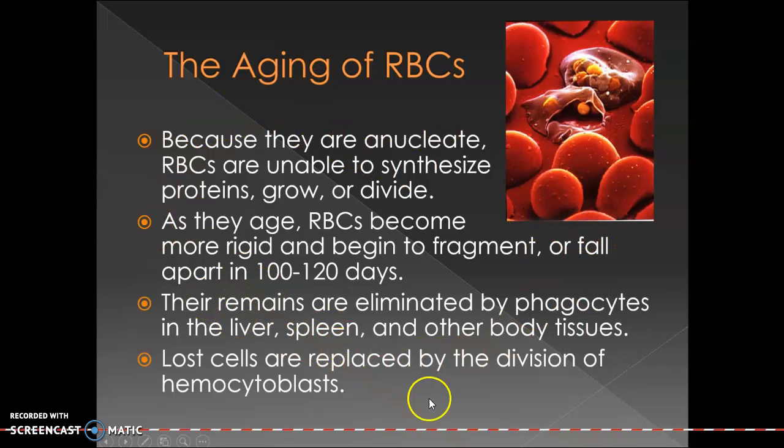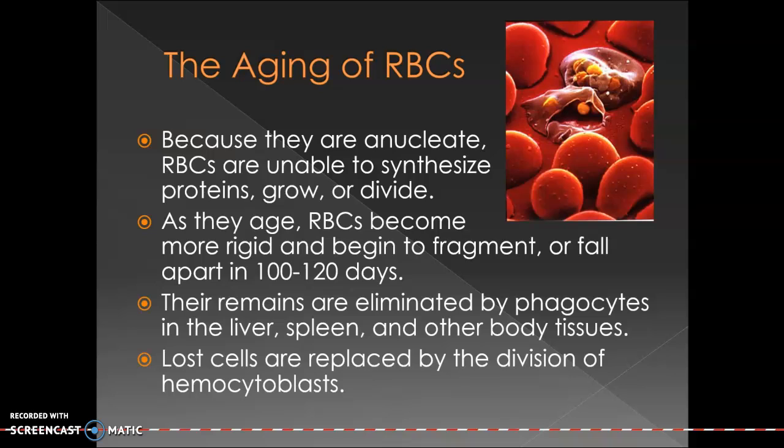With red blood cells, as they are formed, they are anucleated, which means they don't have a nucleus, but remember they do have hemoglobin and they do carry oxygen. But the thing about them is they only live for about 100 to 120 days, so about 3 to 4 months they're living.